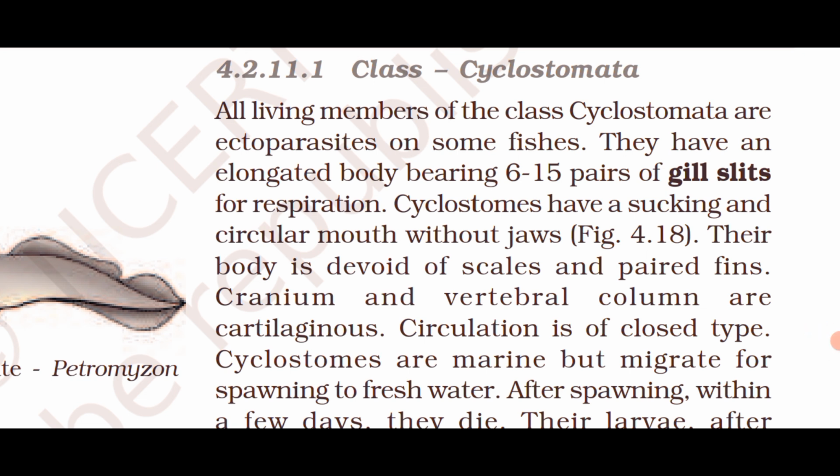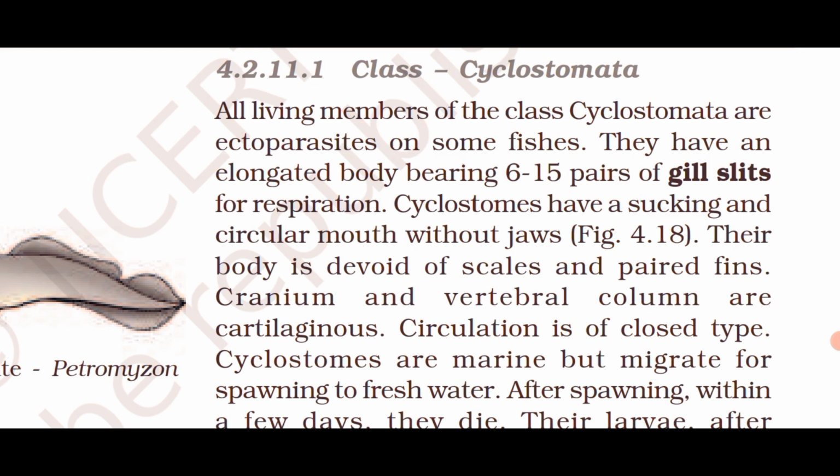4.2.11.1 Class Cyclostomata. All living members of the class Cyclostomata are ectoparasites on some fishes. They have an elongated body bearing 6 to 15 pairs of gill slits for respiration. Cyclostomes have a sucking and circular mouth without jaws. Their body is devoid of scales and paired fins.